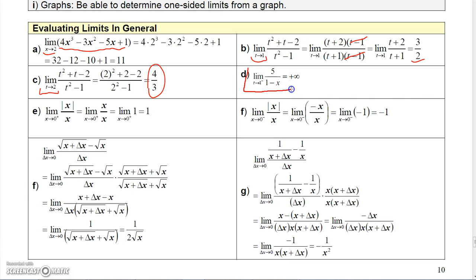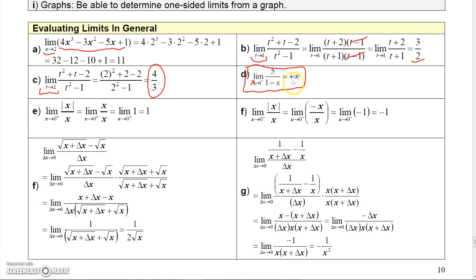Now, if you want to evaluate this limit, notice it says evaluate the limit as t approaches, well, it should say x, as x approaches 1 from the left. You know that when x approaches 1, the bottom's going to go to 0, so this thing's going to blow up. But the question is, does it blow up in the negative sense or the positive sense?